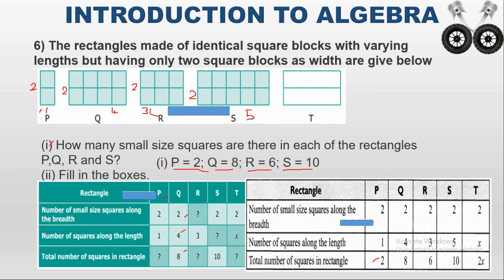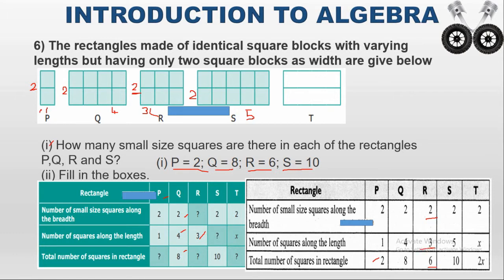So for the rectangle R, how many squares are present in the breadth? It is 2. So the R value is 2. Then the number of squares along the length is given as 3. Then for the number of squares in the rectangle, you have to multiply the number of squares in the breadth and the number of squares in the length. So that is 2 into 3. The answer is 6.